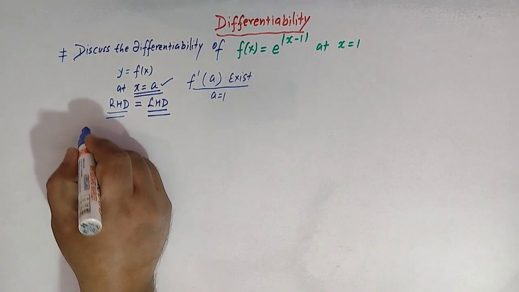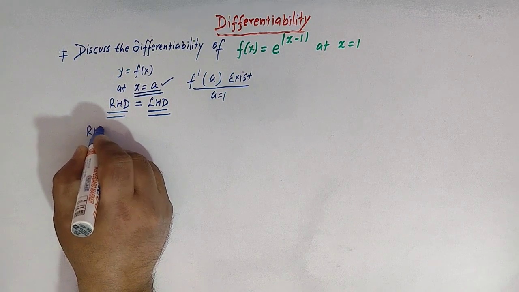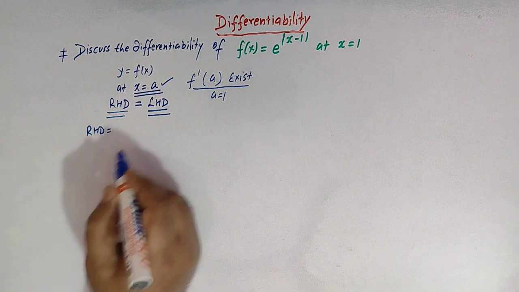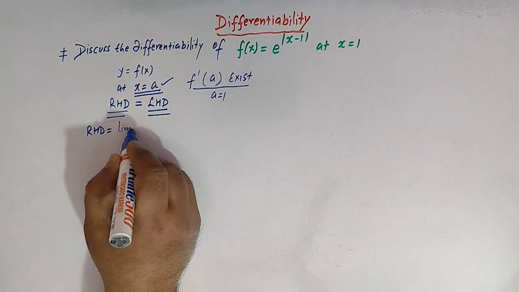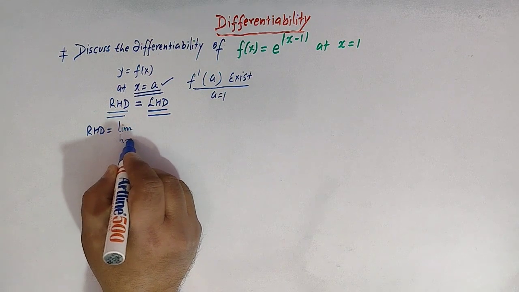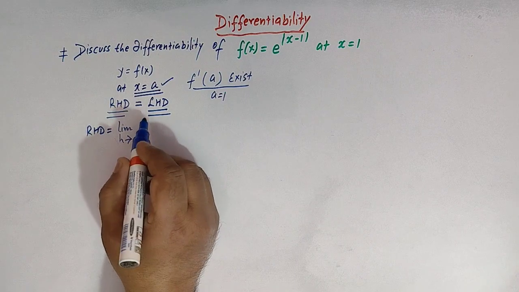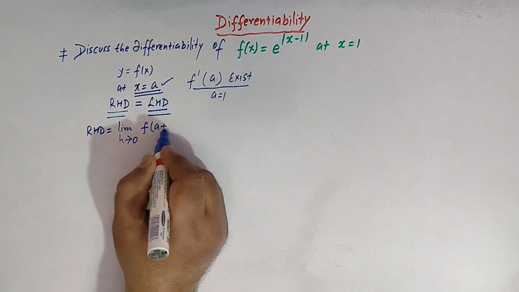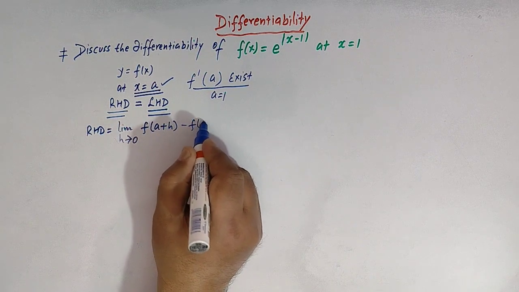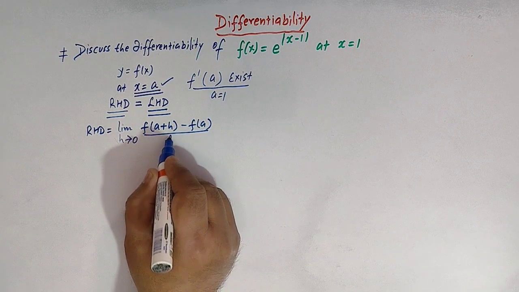Now let us first take the right hand derivative. The definition of right hand derivative is given by this limit: the limit as h tends to 0 of f of a plus h minus f of a divided by h.